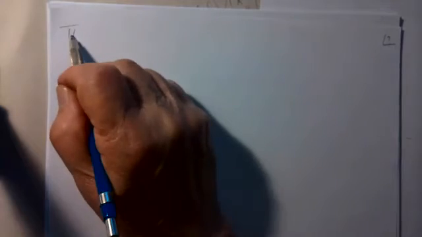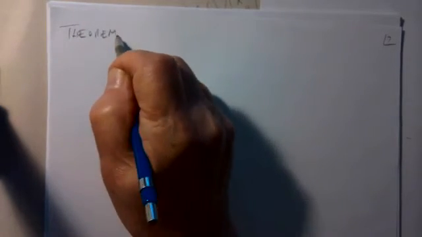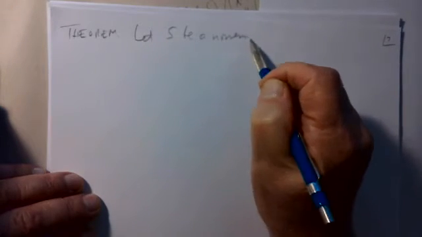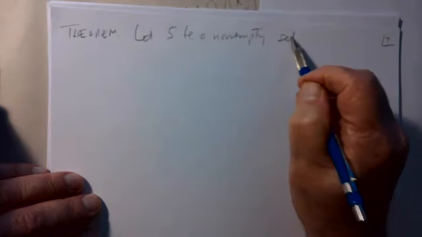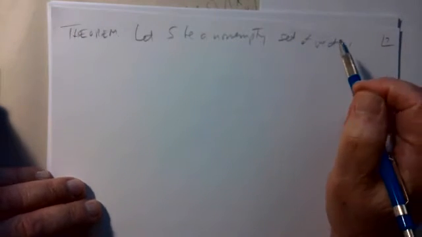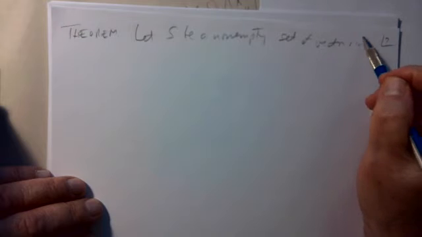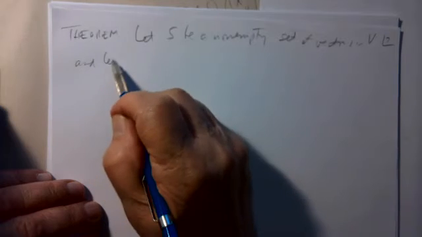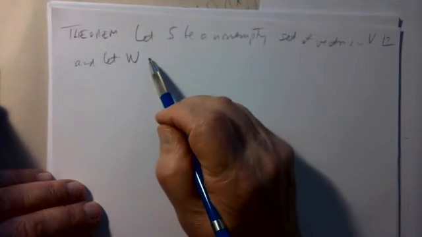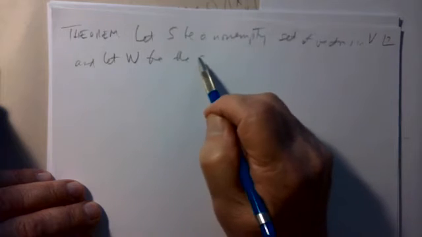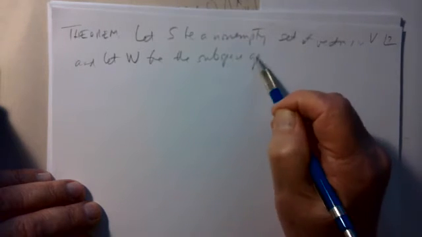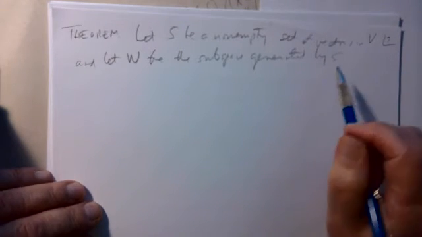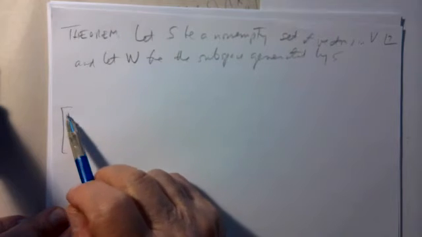So we can state the following theorem. Let S be a non-empty set of vectors in a vector space V and let W be the subspace generated by S. So let me insert a definition.